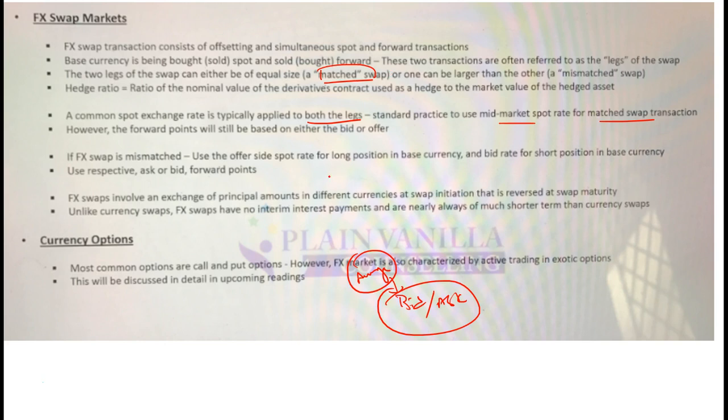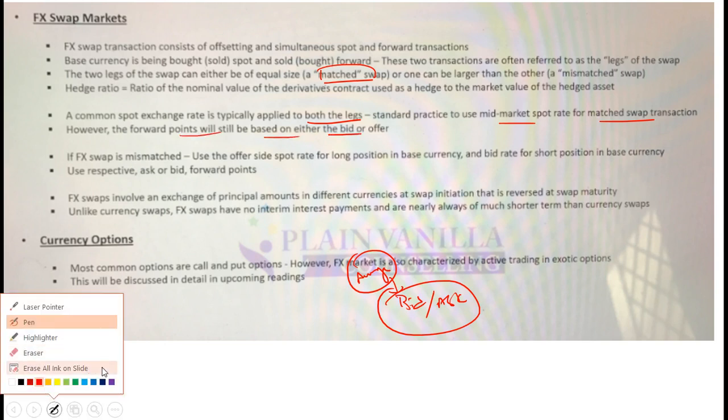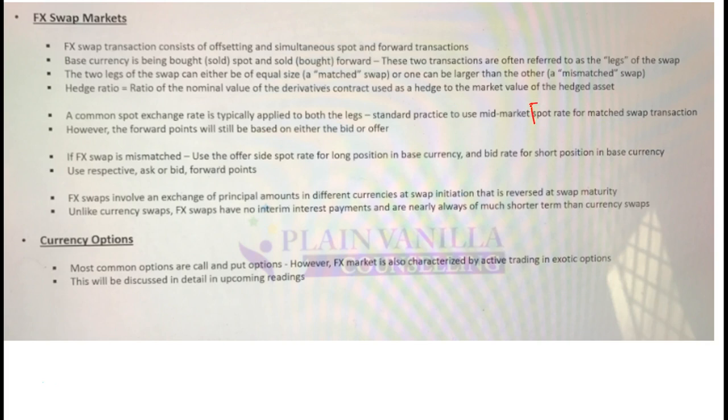If it is not a match swap, then you will use the same logic that we discussed previously in forward contracts. That is, you will decide it based on the position. However, forward points will still be based on either bid or offer. So you will use the spot rate as average, but you will use forward points based on bid or offer if it is a matched swap.